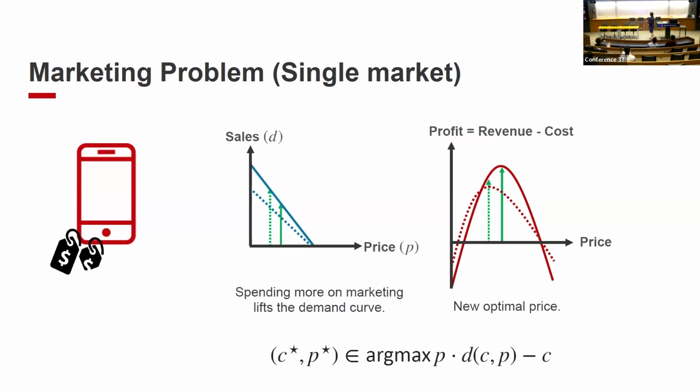Mathematically, let's say the sales are D and the price is P, then we want to maximize this function P times D of P and C, minus C. And C star and P star are the optimal cost and the optimal price.